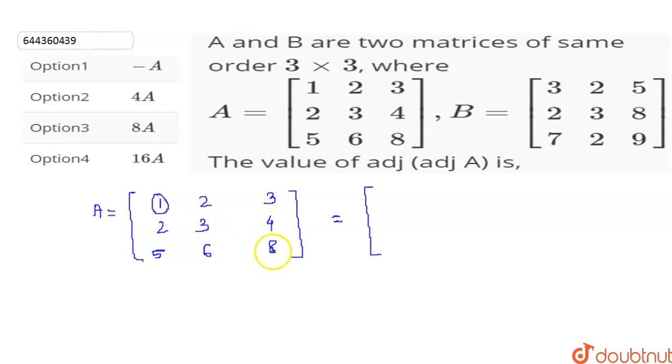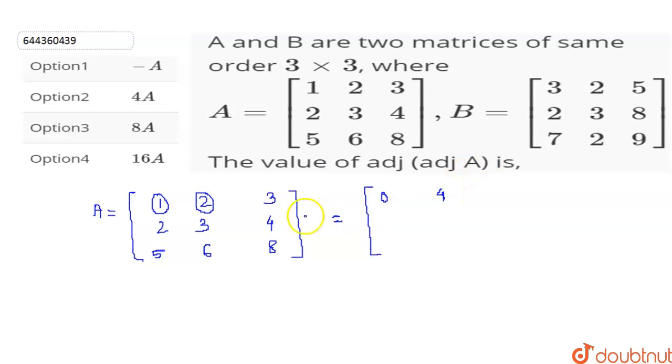So 3 into 8 is 24, minus 6 into 4, that is 24, so this becomes 0. Right, and for this one we have to find the value of this determinant, 2 5 4 8. So 2 into 8 is 16, minus 20, that gives minus 4, and this entry has a negative sign, so minus of minus 4 becomes positive 4.